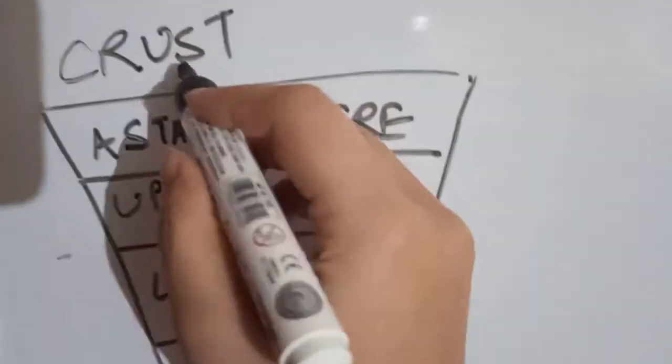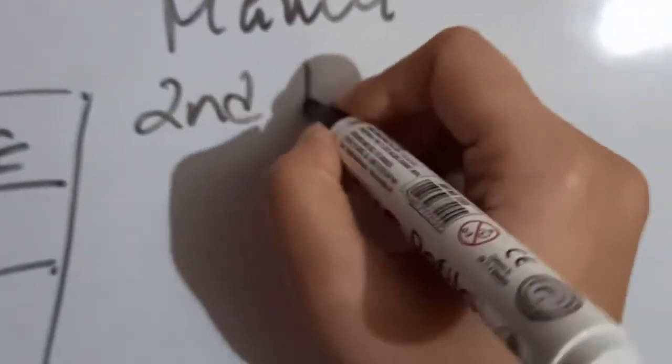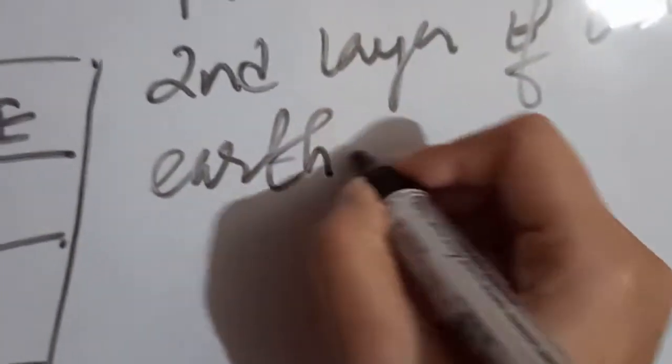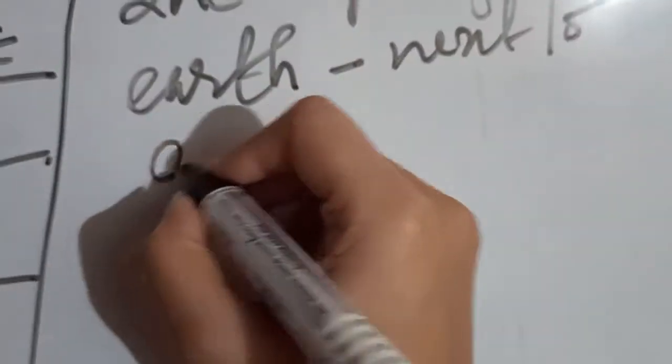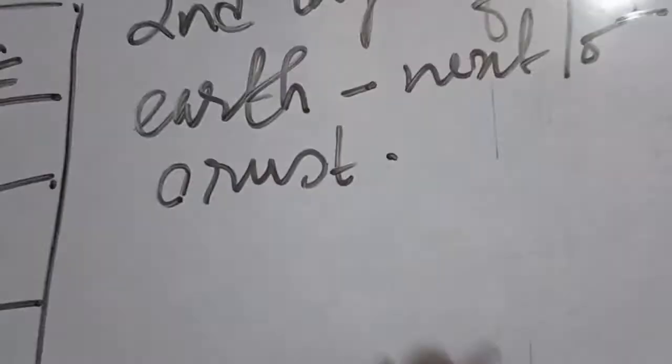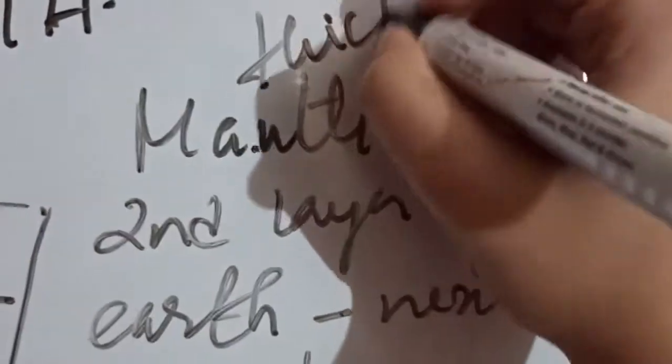So the mantle is the second layer of the earth, next to the crust, and it is basically a thick layer.